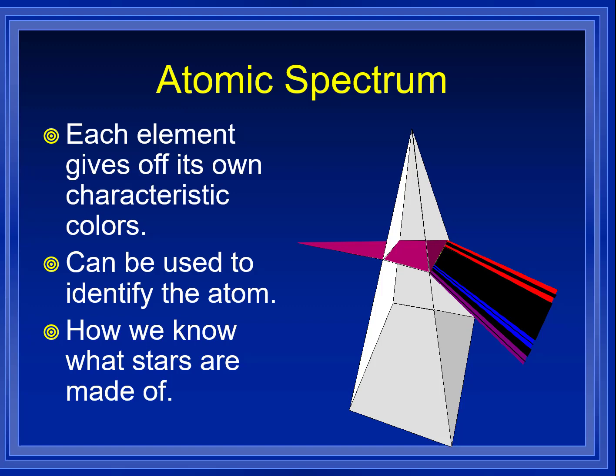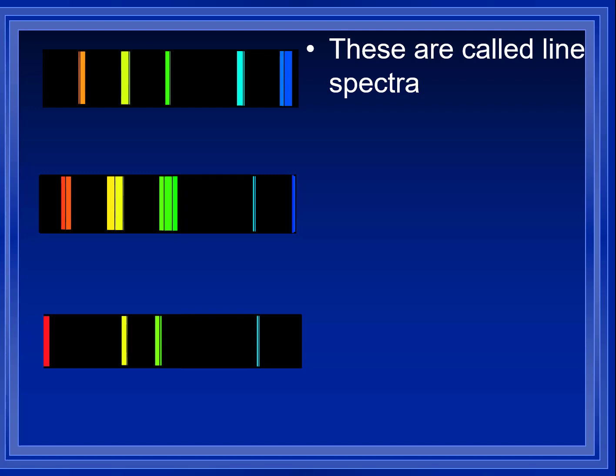So hopefully, this is what you saw off to one side. Is that what everybody saw off to one side or the other? Okay, those are called line spectra. Spectra is the plural of spectrum. And these are what are unique to each element.